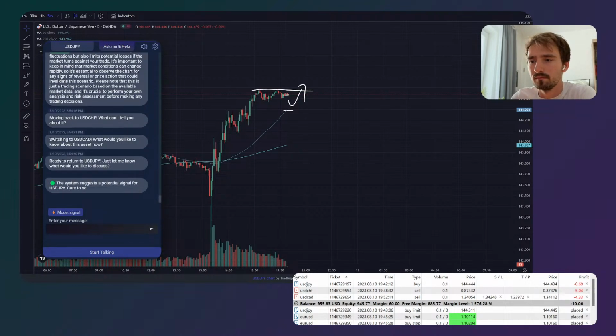Then we have the Swiss franc. So we will probably go for take profit somewhere around here. And for the stop loss, we'll go way above here.